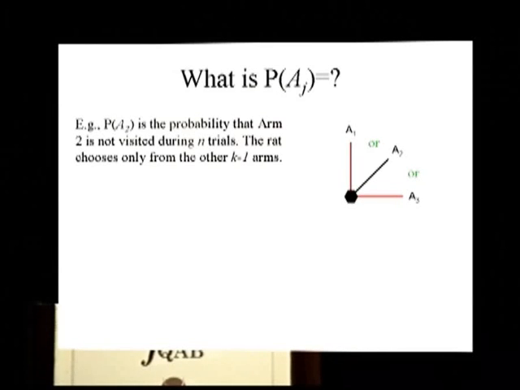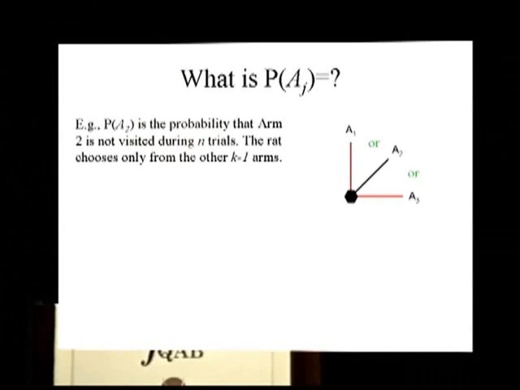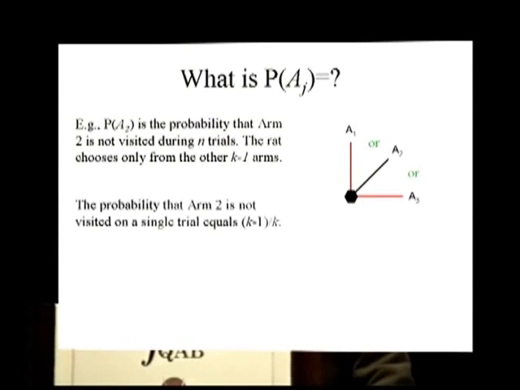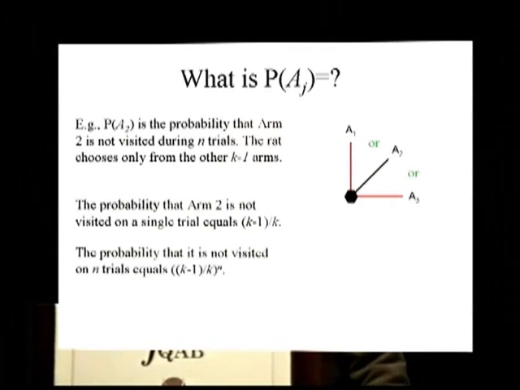What's the probability that arm 2, for example, is not visited during n trials? I have k arms. The probability that arm 2 is not visited, this means that I'm constantly sampling from the other arms. Okay? So, it's just k minus 1 over k. Okay? This is on one trial. If I have n trials, it's just the same thing multiplied n times.